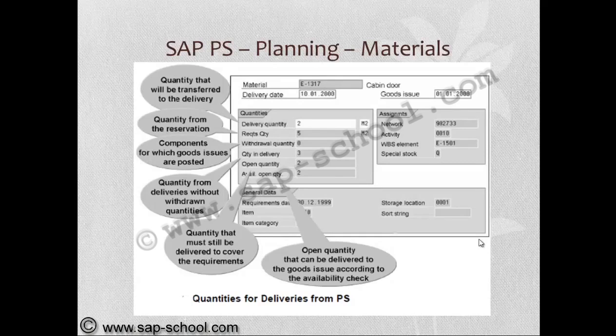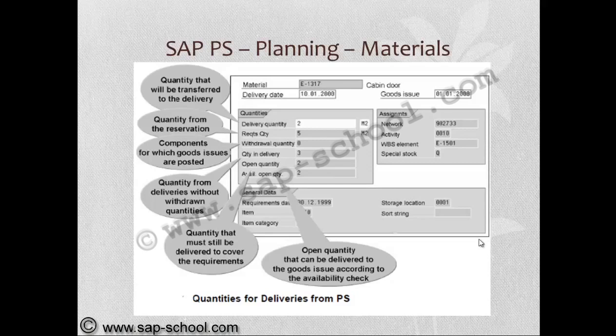Now, if you see the quantities for deliveries from the project system, we can see the various quantities being used over there, like delivery quantity, requirements quantity, withdrawal quantity, quantity in delivery, open quantity, available open quantity. And this information is clearly: delivery quantity is what will be transferred to the delivery, and requirement quantity is what we have entered in the reservation.